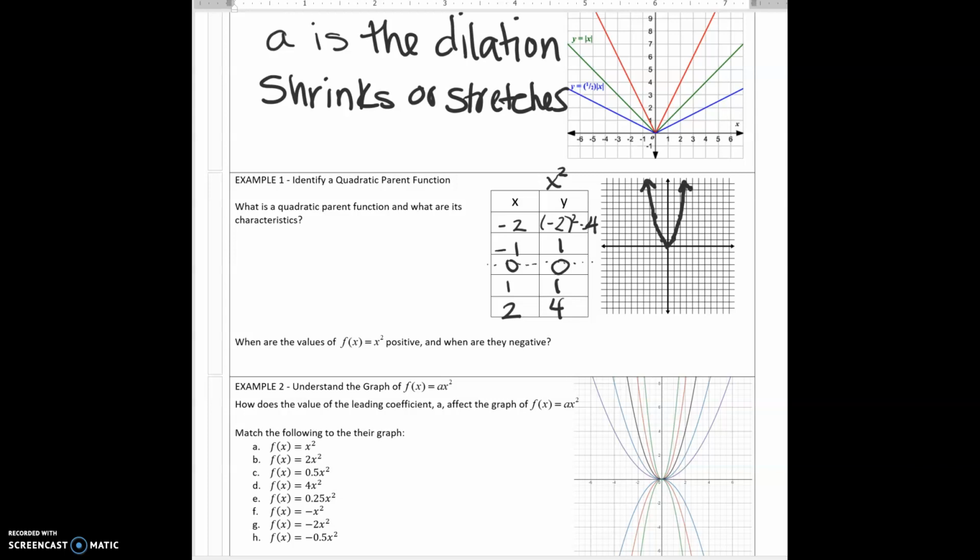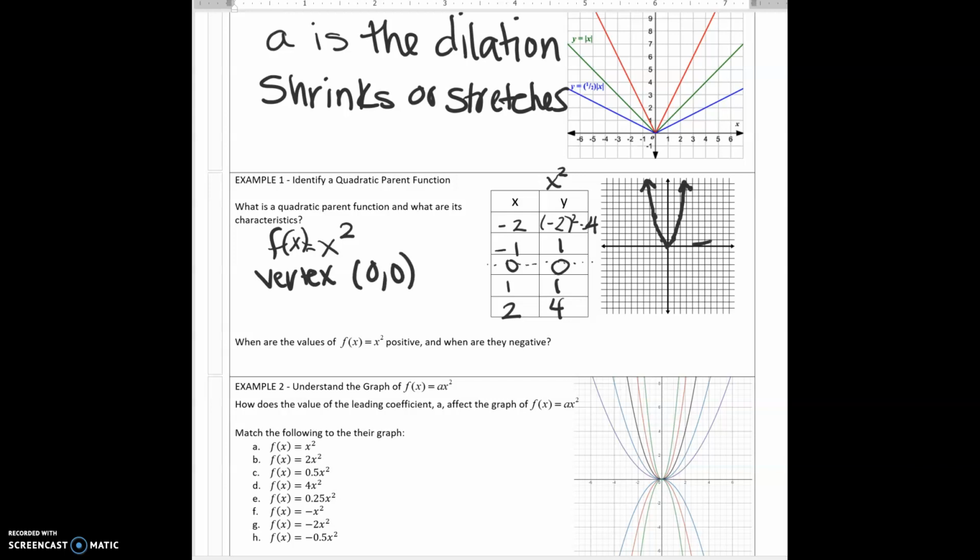So what is a quadratic parent function? It is y equals x squared. Oops, we are using function notation. So it's f of x equals x squared. What are the characteristics? We have the vertex at 0, 0.